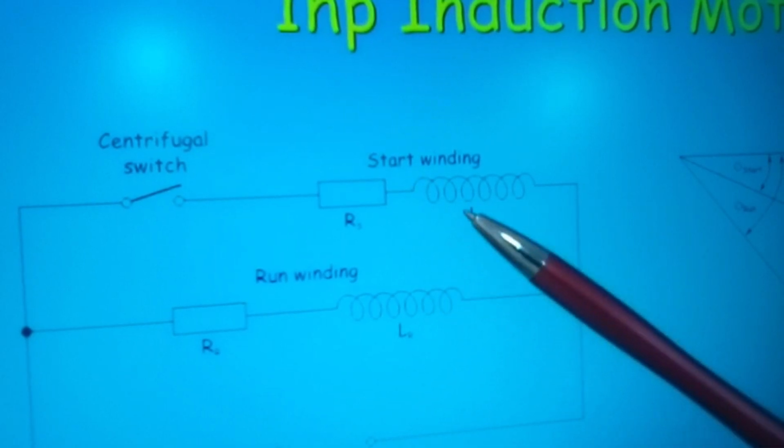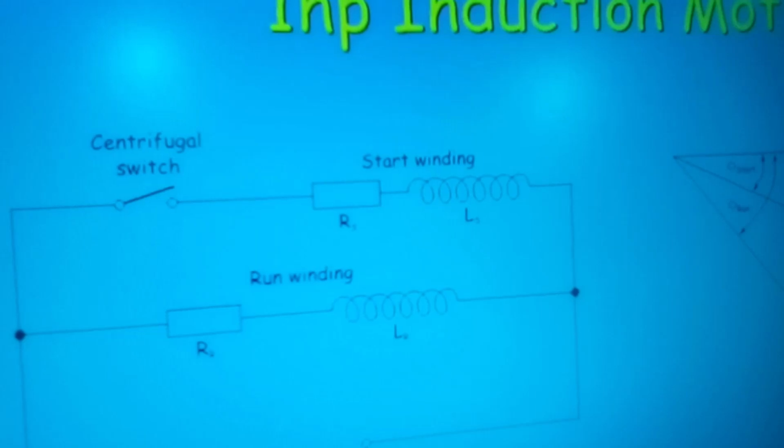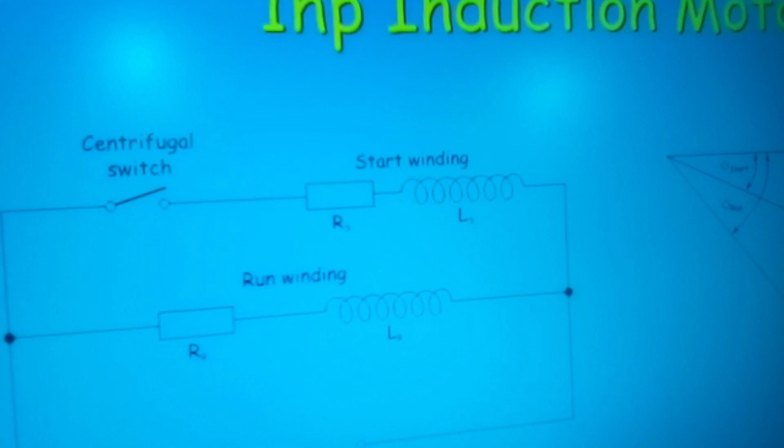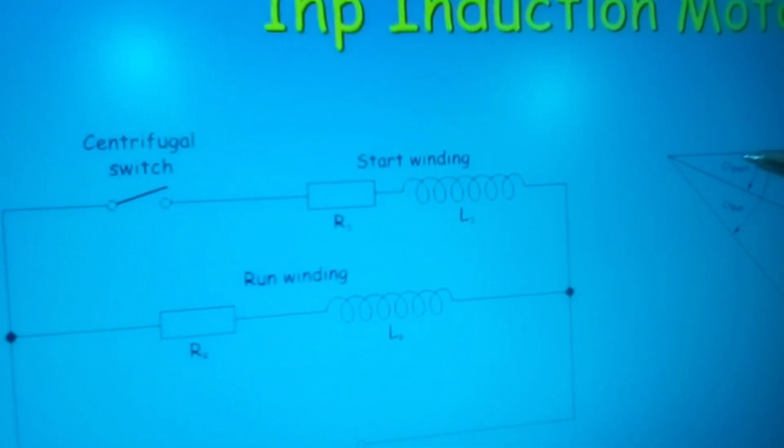a phase shift. So what happens here is that you get a lagging effect. So although one supply is at one angle, by changing your coil, adding a coil, you've caused a phase shift. So you've got one supply running as normal, then you've got this lagging the supply.